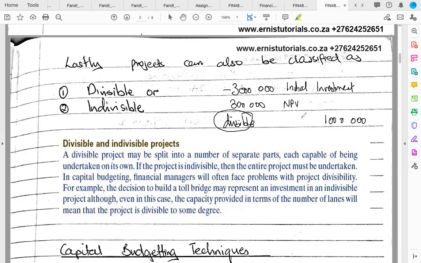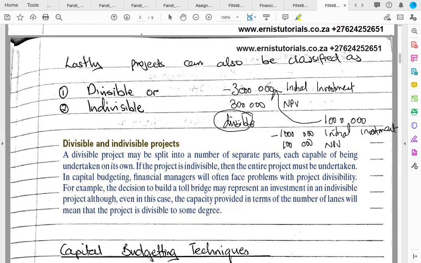It means that the company can spend this 1 million on this project, and by spending 1 million, they will only get an NPV of 100,000. They spent 1/3 of 3 million, meaning they will only get 1/3 of the NPV. Okay. So that's what we mean by a divisible project.